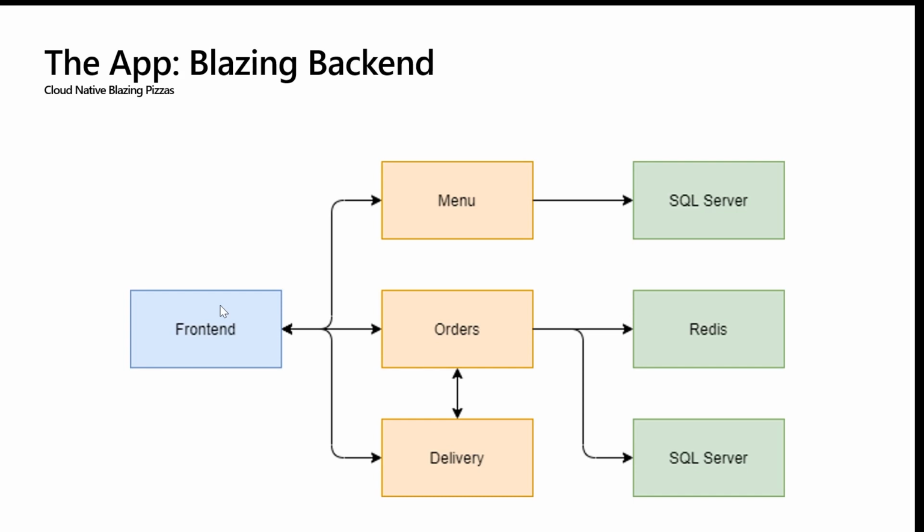It has a front end. This is a more conceptual diagram than a physical one, in that the front end is basically two parts: an in-browser Blazor client app and a backend API, and that API then talks to all these backend components. You have a menu service, an order service, a delivery service, and they all have different data stores. They're all just separate from each other.